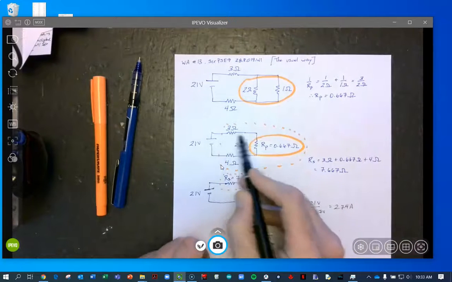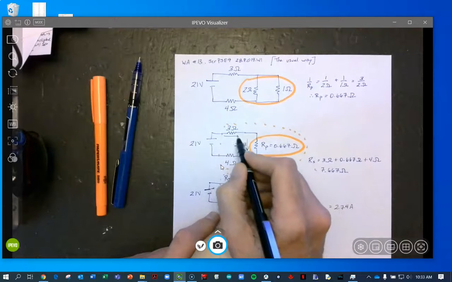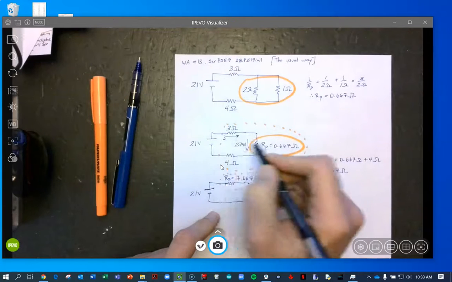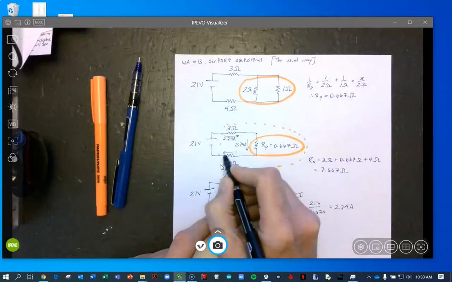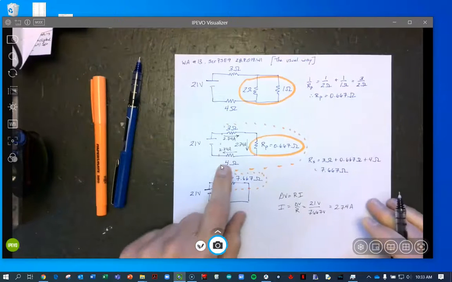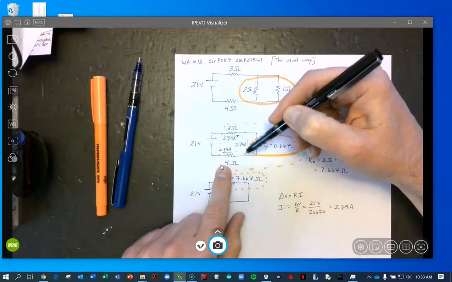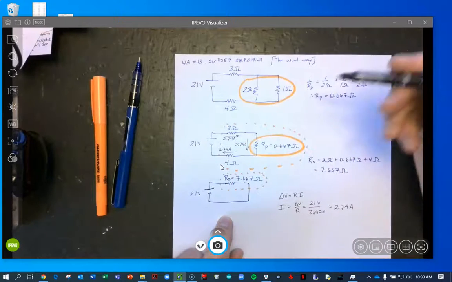And because this is one continuous non-branching path, we know the current through this is also 2.74 amps, and the current through this is 2.74 amps. So the current all the way throughout the battery and the circuit is 2.74 amps.